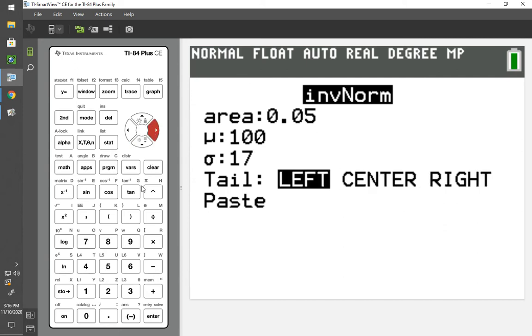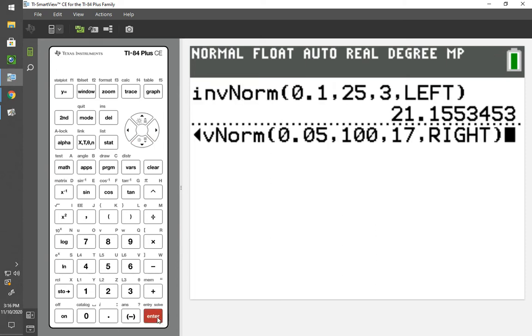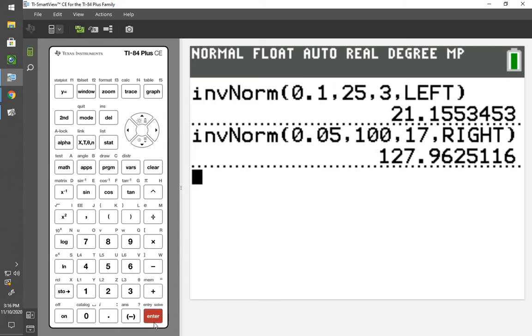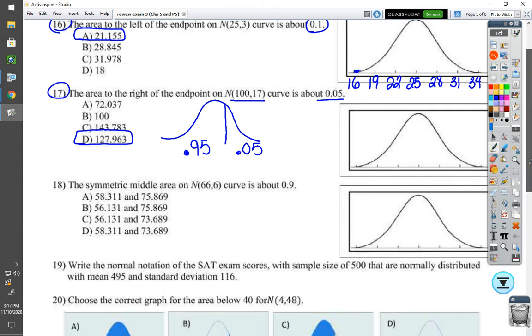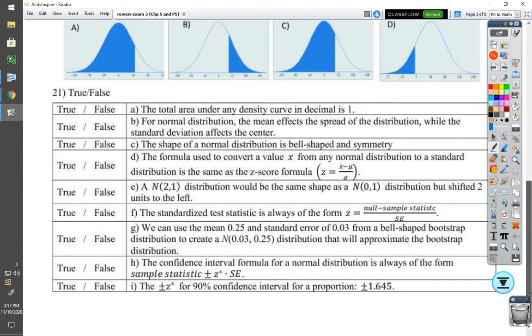I change the tail to right. I hit enter. I hit enter one more time, and I will get the same 127.963. Whichever way you're doing it is perfectly fine. I'm going to rifle through the true falses kind of fast, so be prepared for those.